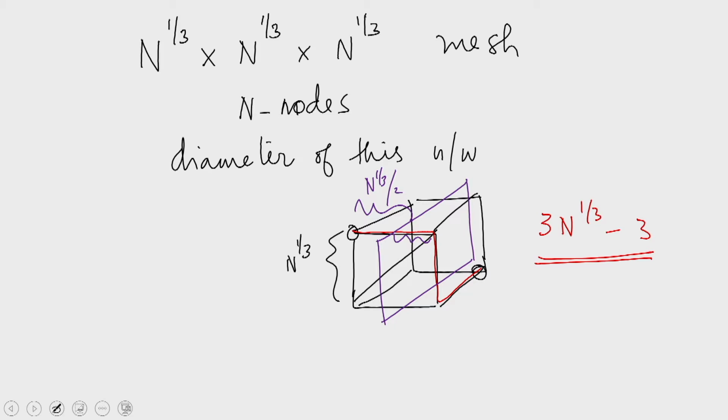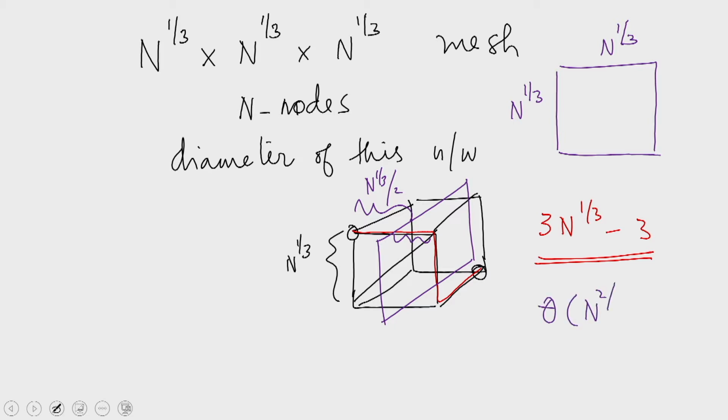So, we are now cutting perpendicular to the x axis using a yz plane. So, the number of edges disconnected will be the number of edges that are on one plane. So, when you consider a plane of this sort, the number of edges here would be theta of n^(2/3). So, the bisection width of the network is going to be theta of n^(2/3).